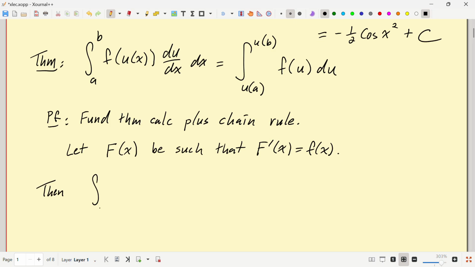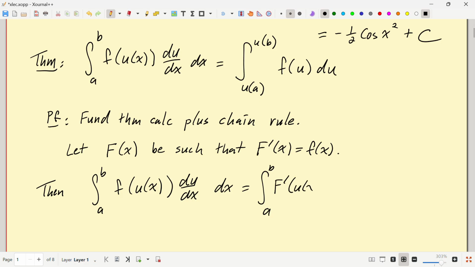Then this thing inside the integral would be the derivative of something. We'd have the integral from a to b of f of u of x times du dx dx. That little f would be F prime of u of x. And that's where we realize, oh, that's just the chain rule.